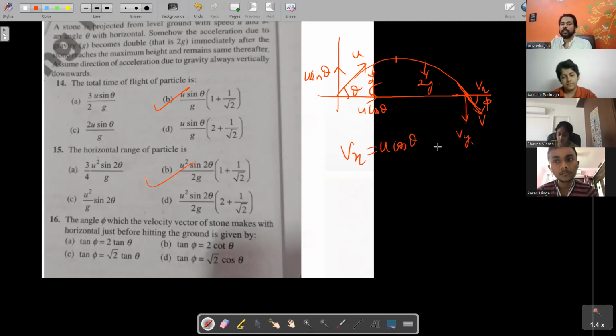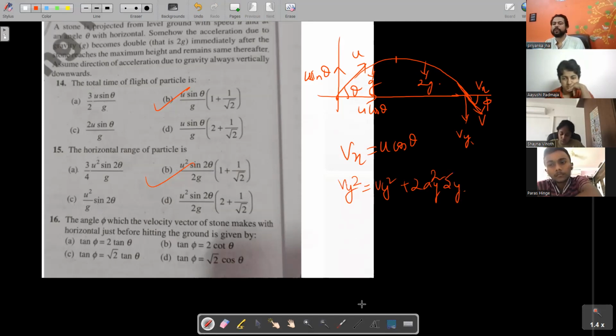How to find vy? See, you have projected from here and the ball hit the ground over here. So what is the displacement along vertical direction? Zero. From ground to ground, there is no displacement along the vertical direction, along the y axis, isn't it? So I'll apply the formula v square equal to u square plus 2as.